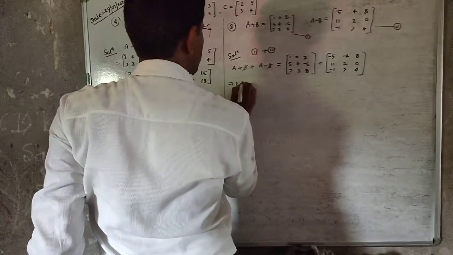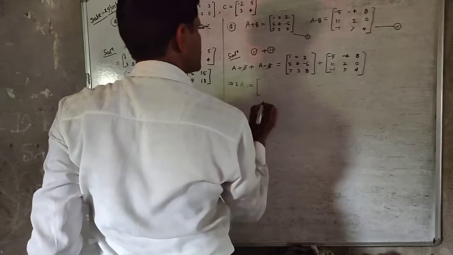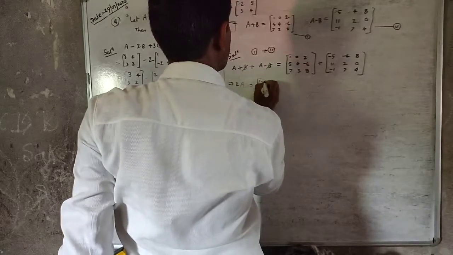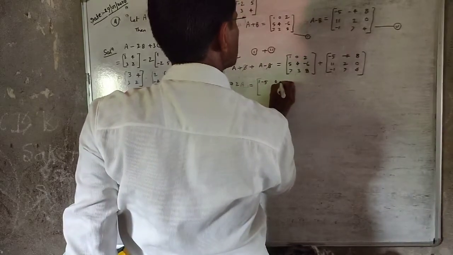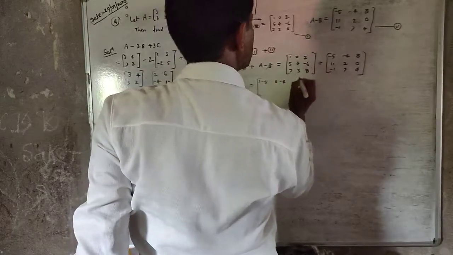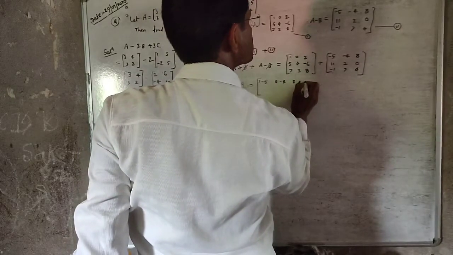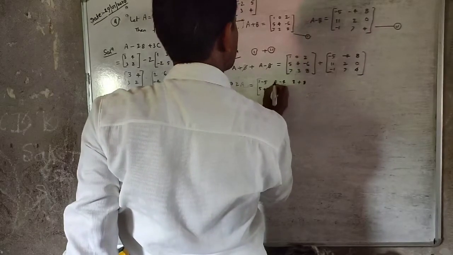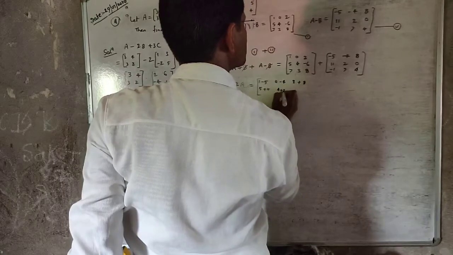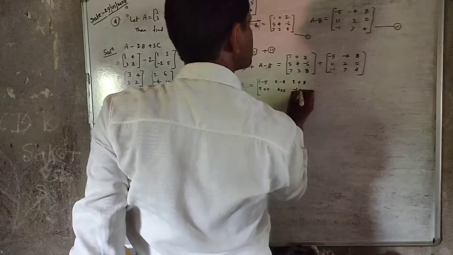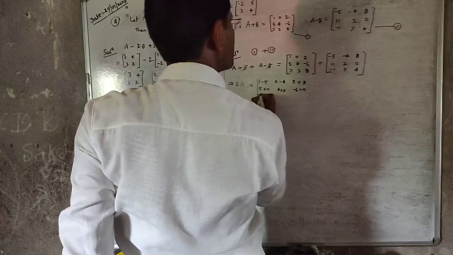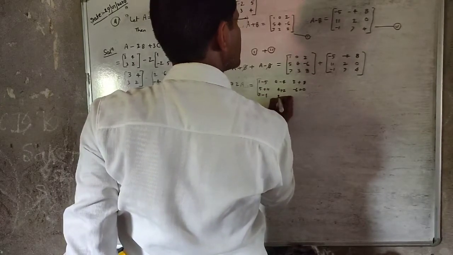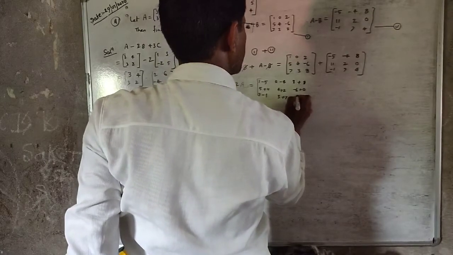This implies 2A is equal to the summation of these matrices: 1 minus 5, 0 minus 4, 2 plus 8. Second row: 5 plus 11, 4 plus 2, and minus 6 plus 0. In the third row: 7 minus 1, 3 plus 7, and 8 plus 4.